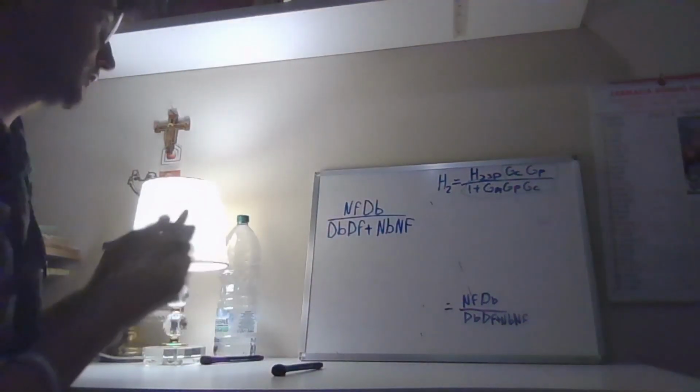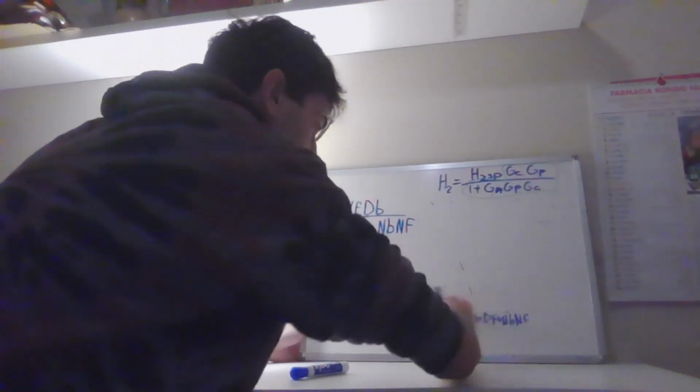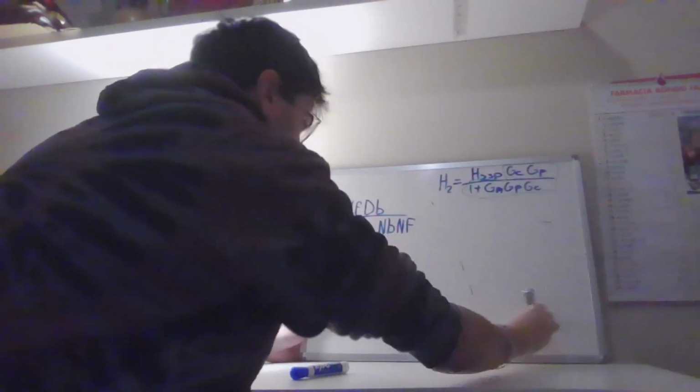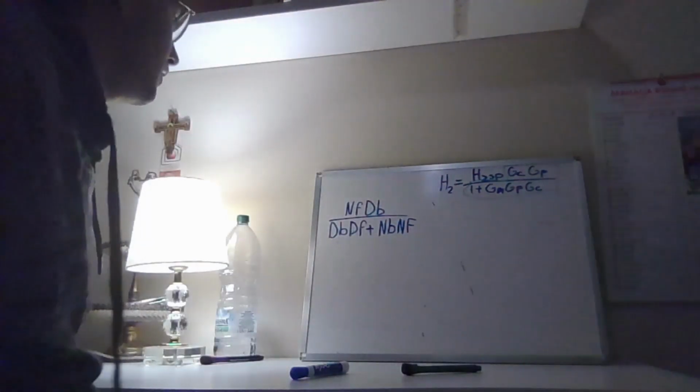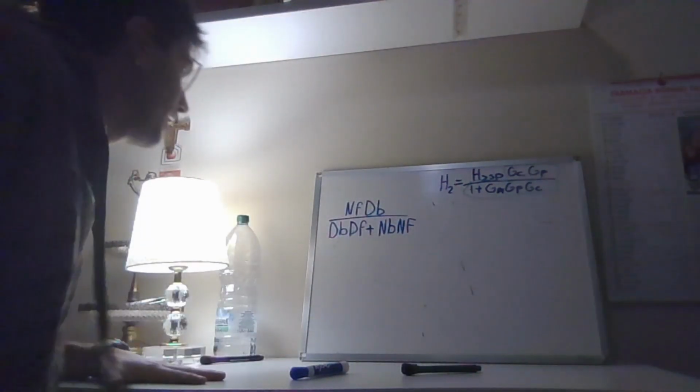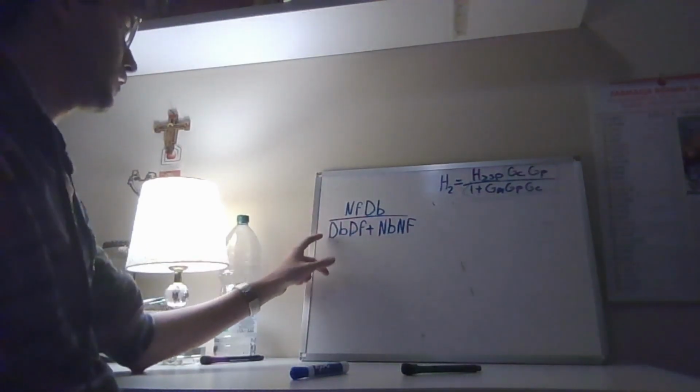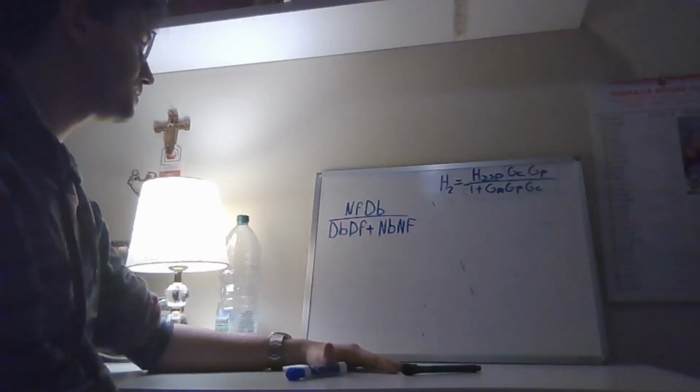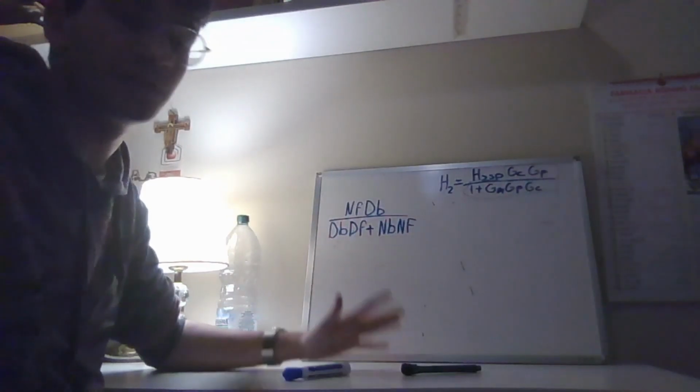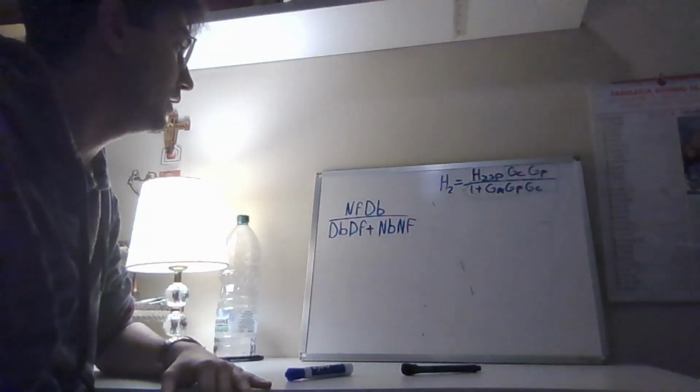Okay, so this is what we worked out to get. NF dB all over dB/dF. So dB is only in one and NF is only in one. So this is actually the furthest we can get at the moment.